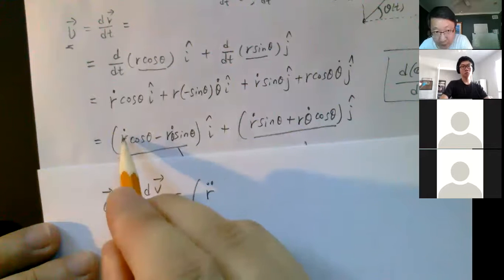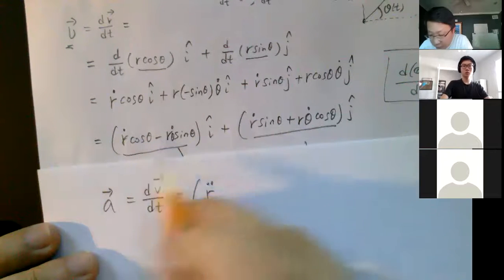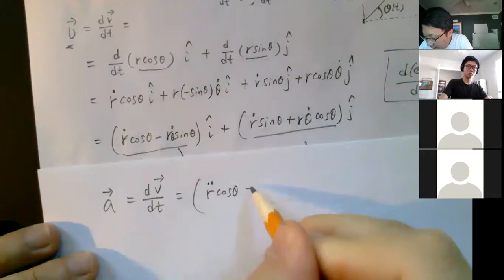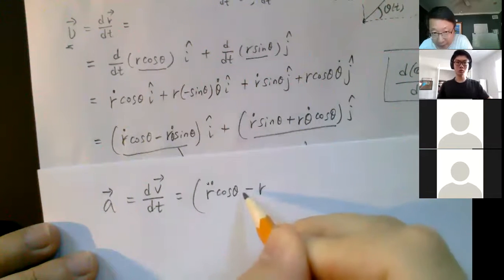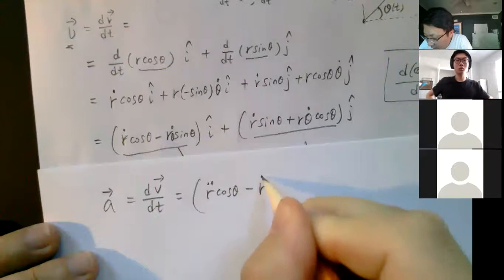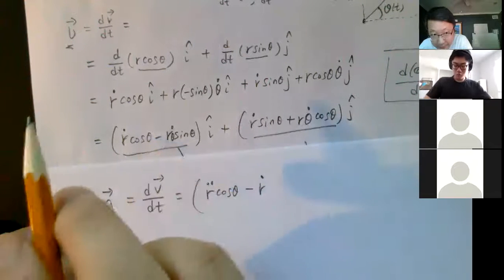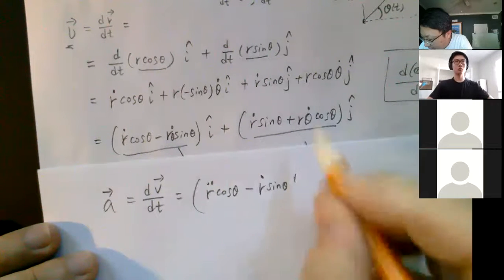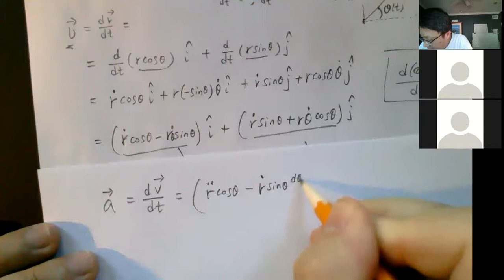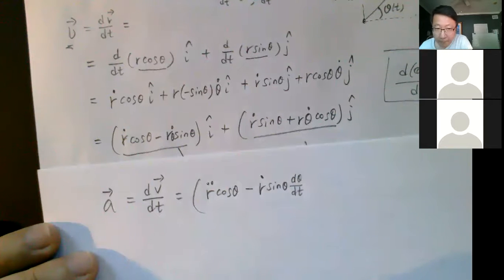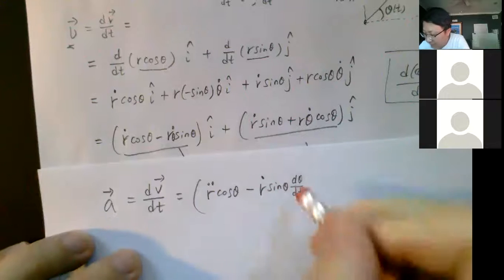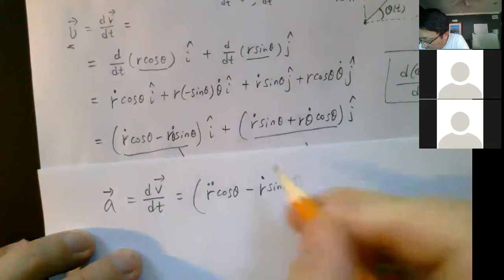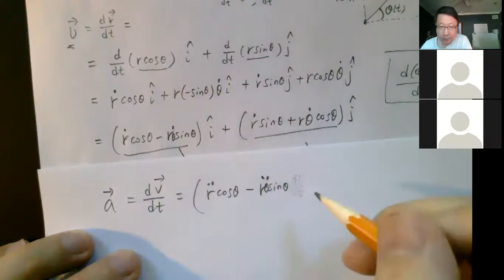The first one, derivative one more time, two dots. Then the second term doesn't change. And then plus, I will write minus first, plus this term, the first term doesn't change. The derivative of cosine theta with respect to time equals minus sine theta d theta dt, correct? Or we can write theta dot.